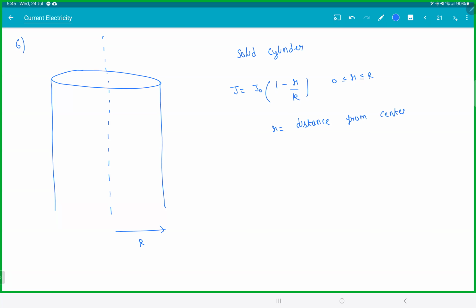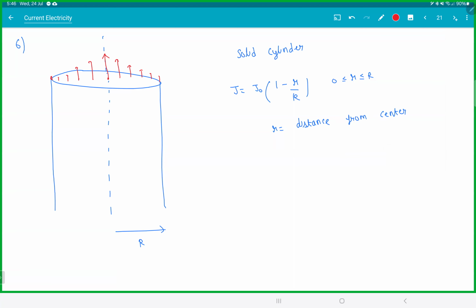Meaning if you look at this function, when you put small r equal to 0, I get maximum. Meaning at the center you have a maximum current flowing. Then as you go outside, current decreases, and becomes 0. So the current is maximum at the center of the cylinder and it decreases as you come outside to the circumference.